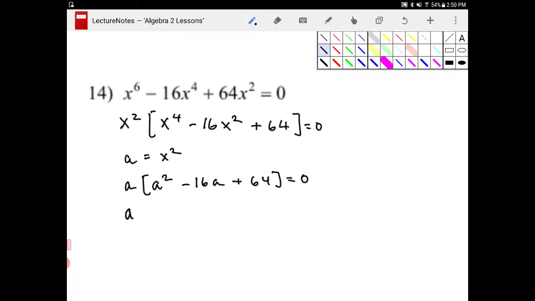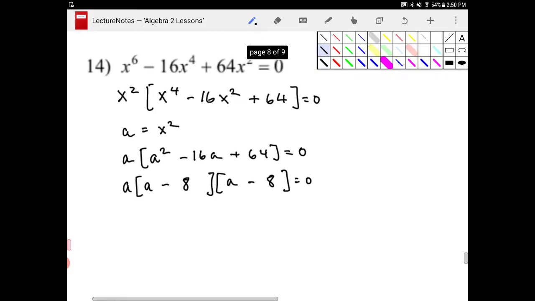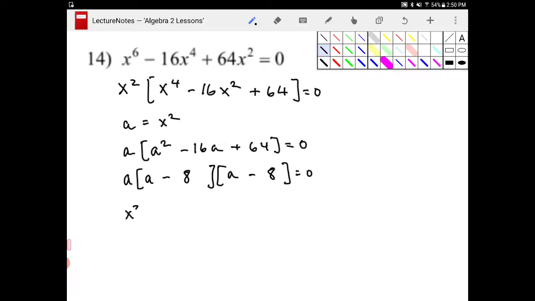And this will further factor into a minus 8, a minus 8. But remember, a is equal to x squared, so x squared minus 8, x squared minus 8.